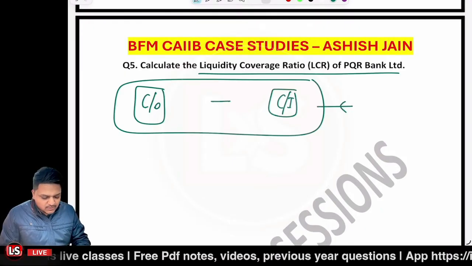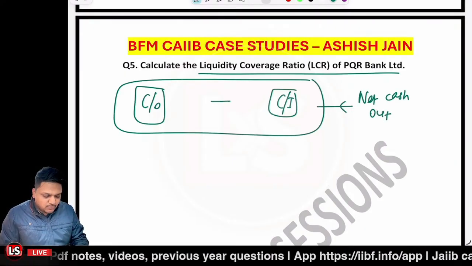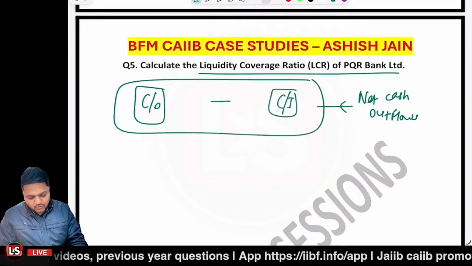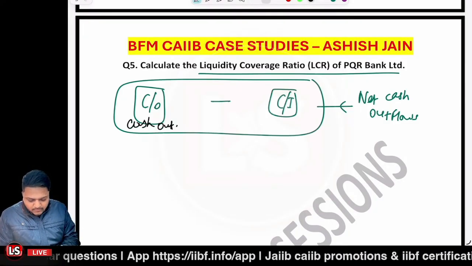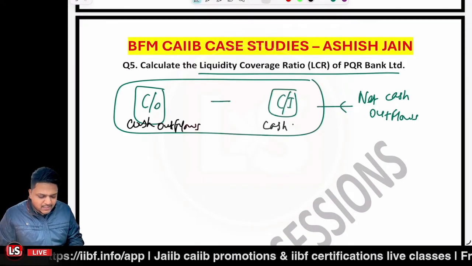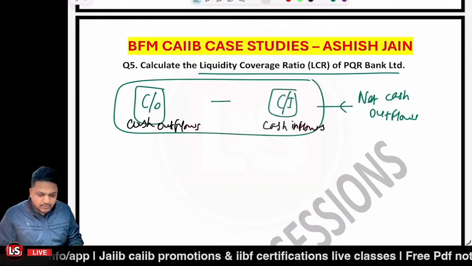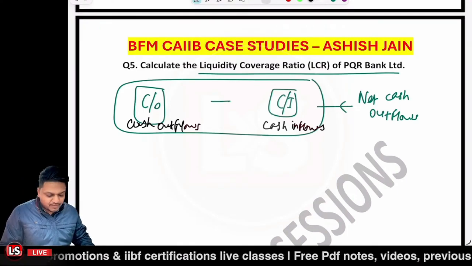The first term is total cash outflows, the second term is total cash inflows, and we take the difference of the same. That will be the net cash outflow.